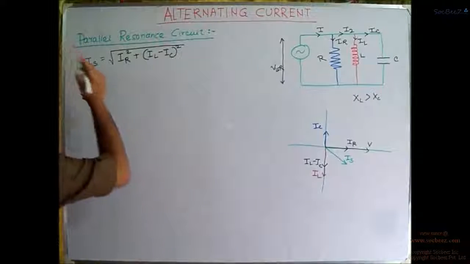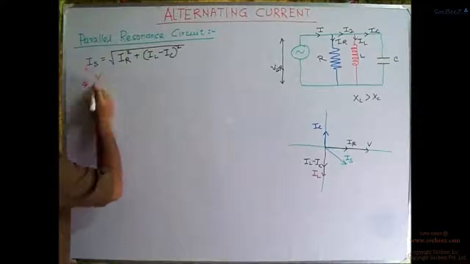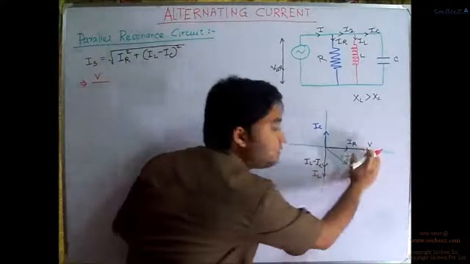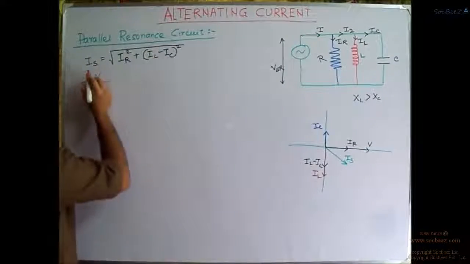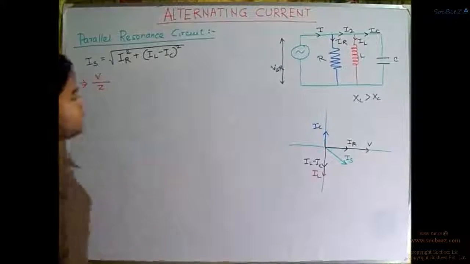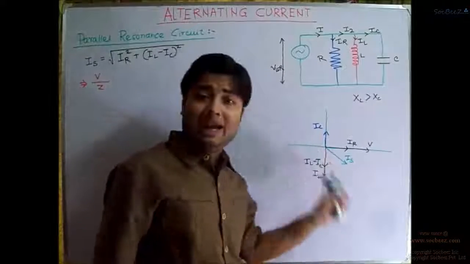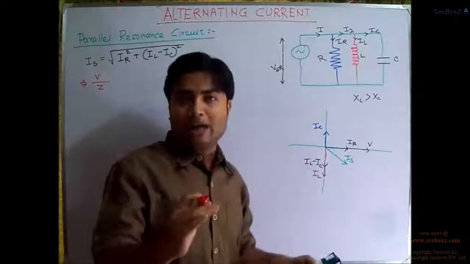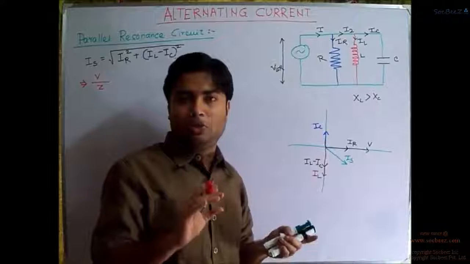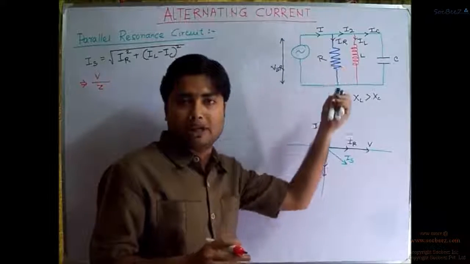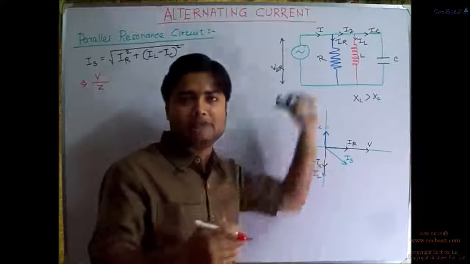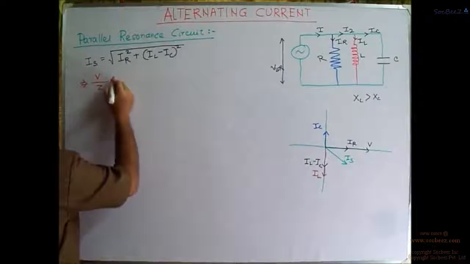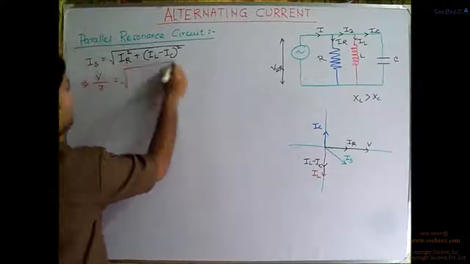So we can write IS as V divided by the impedance of the entire circuit, because IS is responsible for the entire circuit. Likewise, IS will be equal to the potential drop across the entire circuit divided by the impedance of the entire circuit, right?